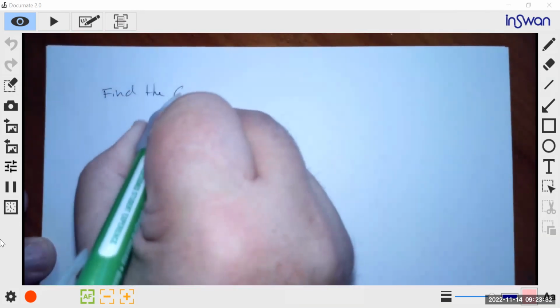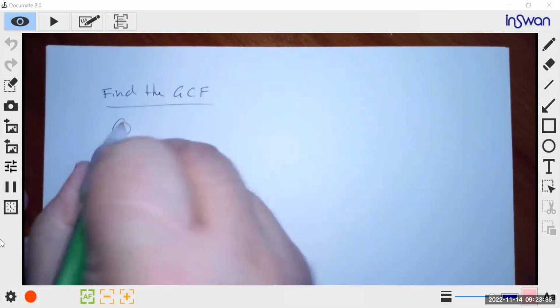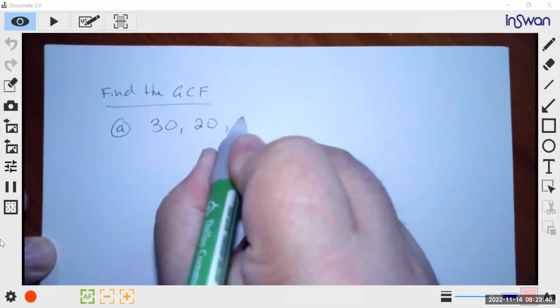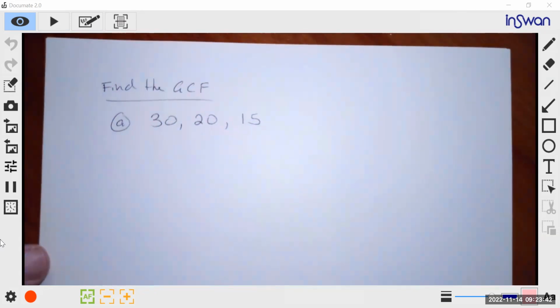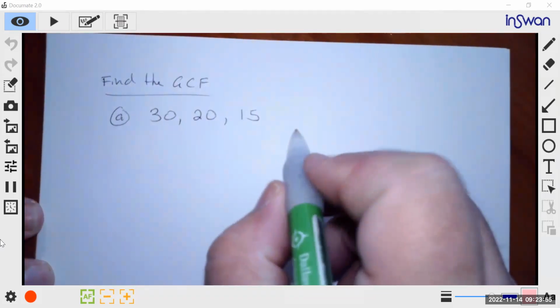Find the greatest common factors of the following numbers: 30, 20, and 15. What is the greatest common factor? Nope.